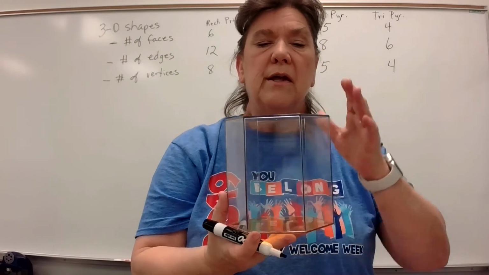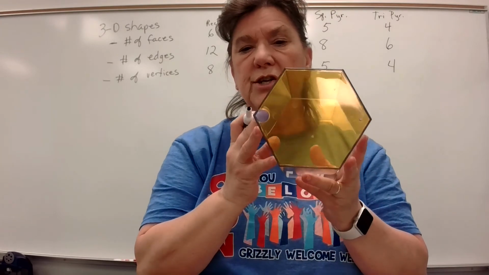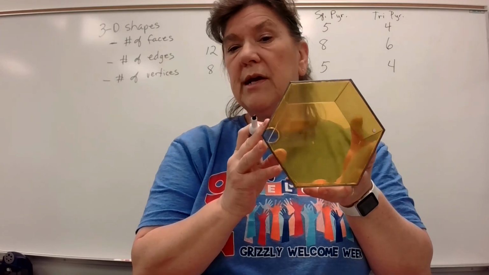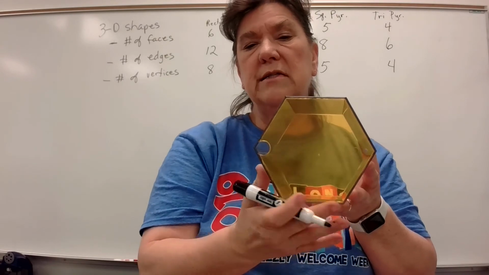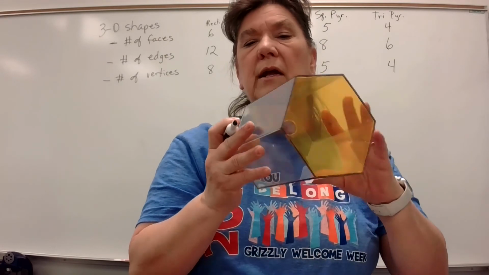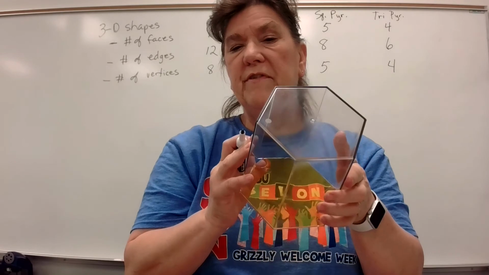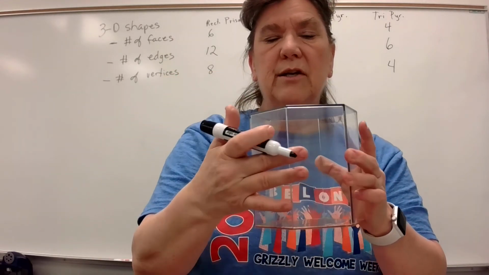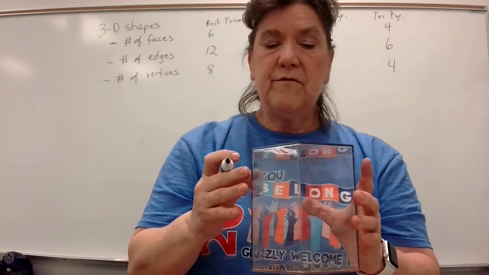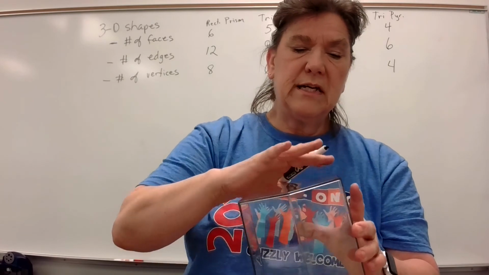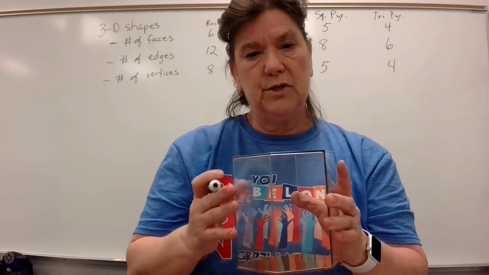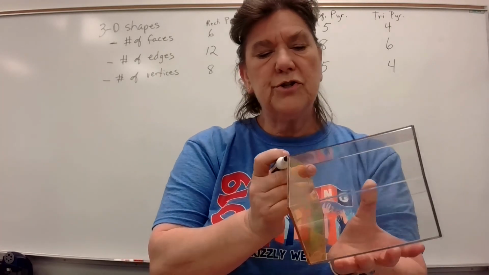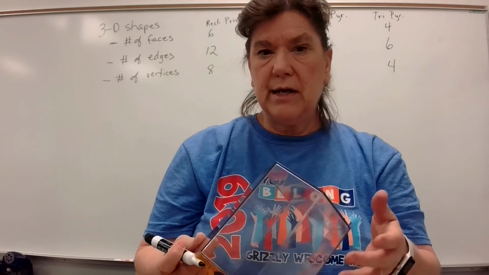So as you see, when you change a shape to a larger and larger polygon with more and more sides, it increases dramatically the number of faces you have. It also increases the edges because this has 6 and 6 and 6, making a total of 18 edges. And vertices, again, you have 6 on the top and 6 on the bottom, making 12. So it increases dramatically when you move into larger sided polygons.